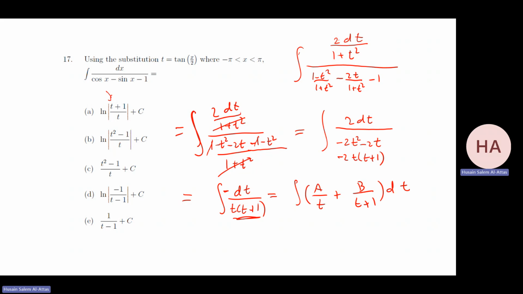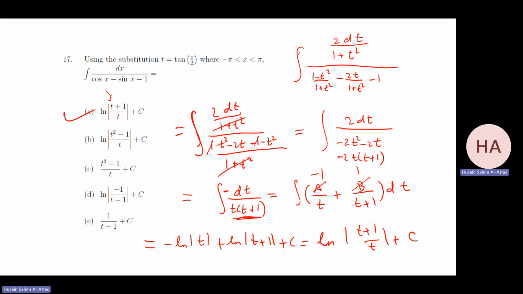So it will be a, cover the t, a will be minus 1. Cover t plus 1: I cover the t, substitute by 0, it will be minus 1. Cover the t plus 1, substitute t by minus 1, that will be 1. So it will be minus ln t plus ln of t plus 1 plus c. That will be ln of (t plus 1) over t plus c, which is this one.